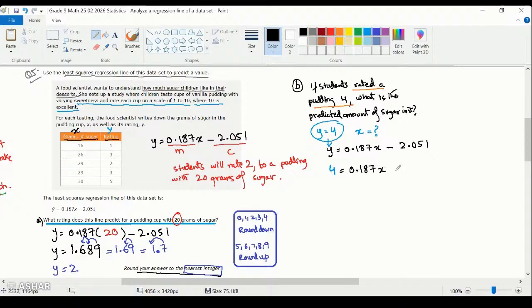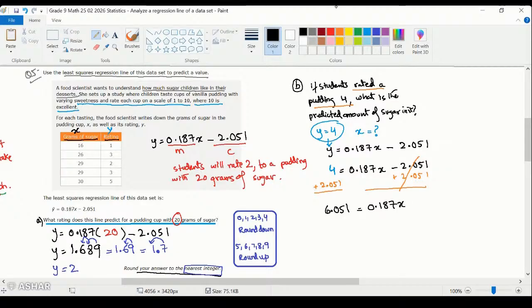4 = 0.187x minus 2.051. We can add 2.051 on either sides. This cancels out. This becomes 6.051 is equals to 0.187x.